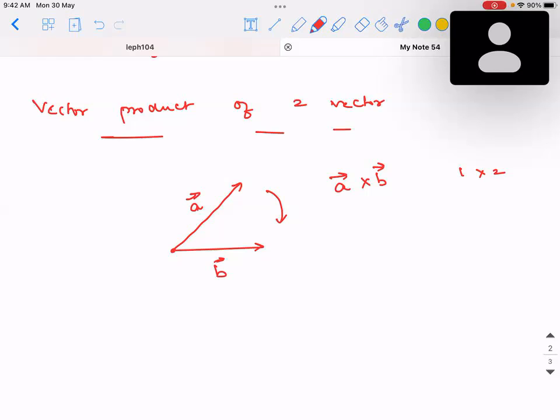I repeat it: curl the fingers from A vector to B vector and extend your thumb. That will give you the direction of A cross B's resultant at that point. So A cross B in this case is into the plane. Similarly, what would have happened to B vector cross A vector? It would be out of the plane. That is the most important point we need to have.